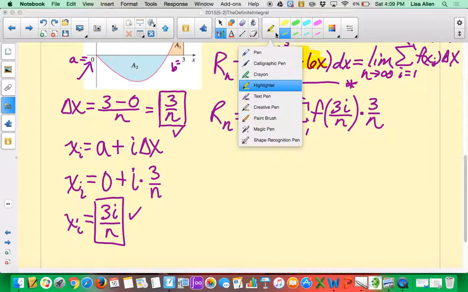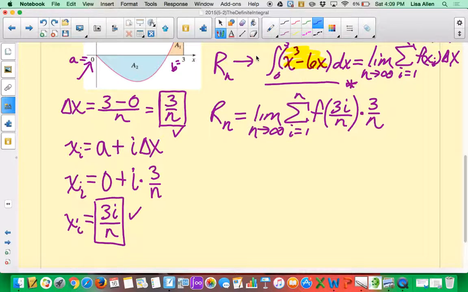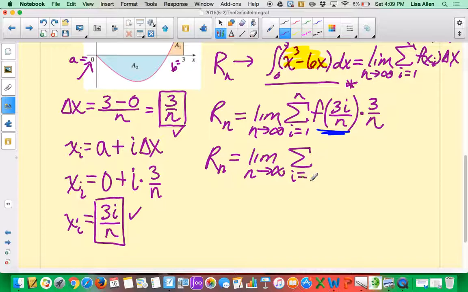So what I need to do then is plug it in here for the function. So now I have r sub n is equal to the limit as n approaches infinity of the summation from i equals 1 to n of, now I'm going to use some parentheses here, (3i over n) cubed minus 6 times x sub i.